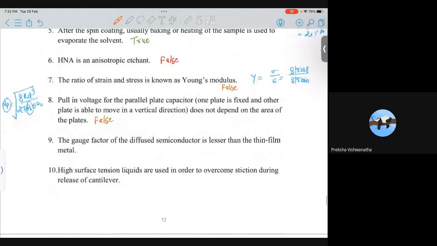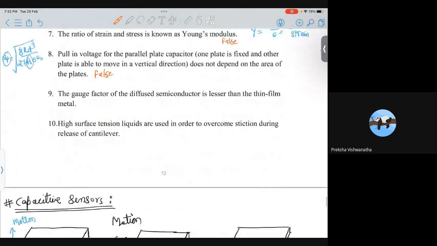Okay, now we'll see the gauge factor. The gauge factor for the diffused semiconductor is lesser than the thin film metal. So we'll recall the table for gauge factors.